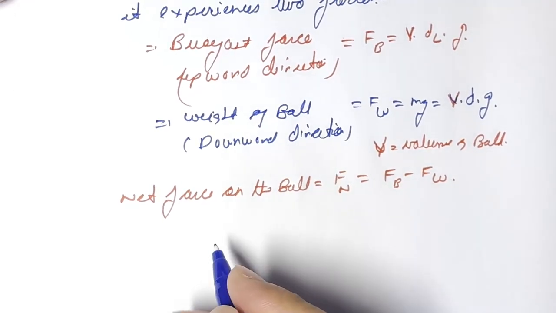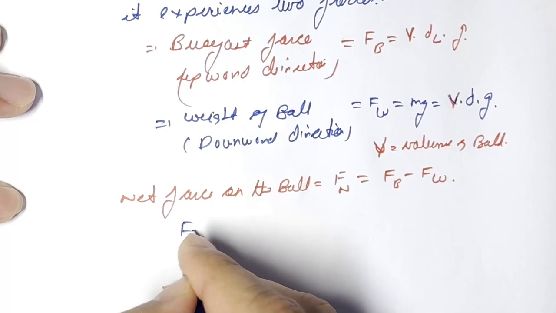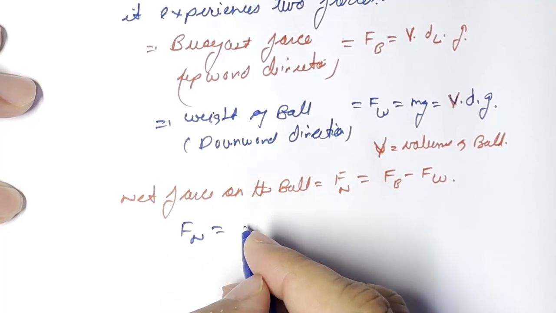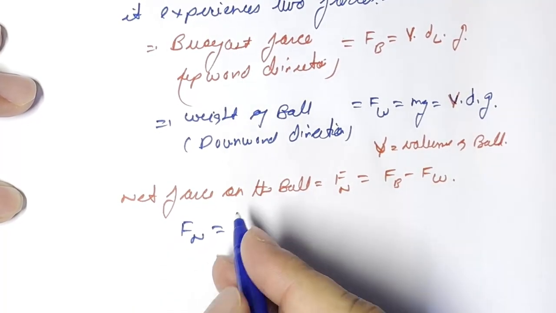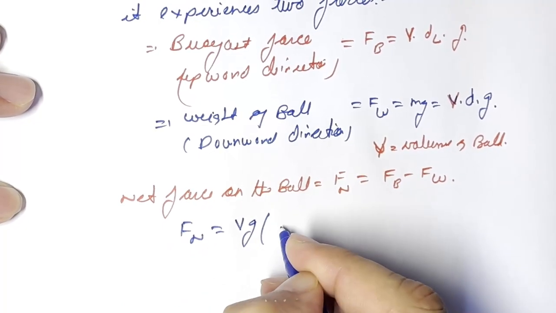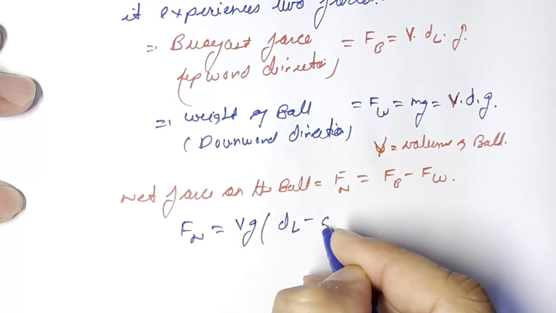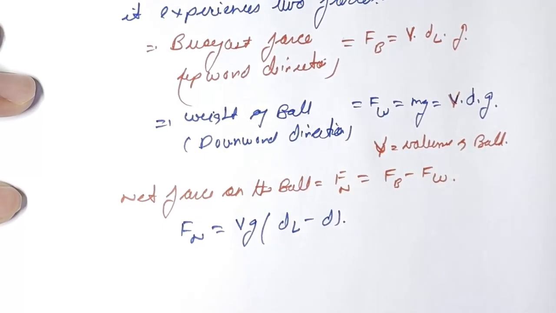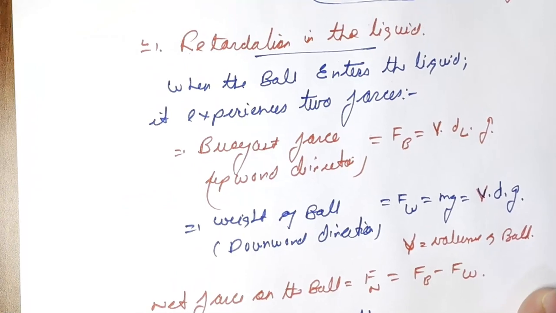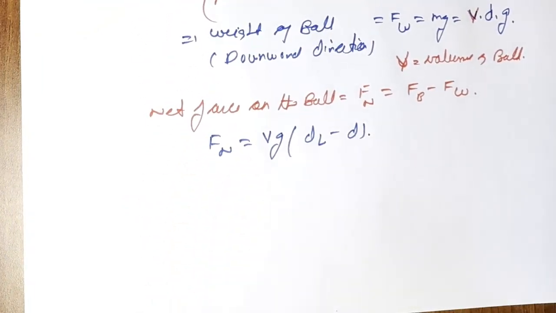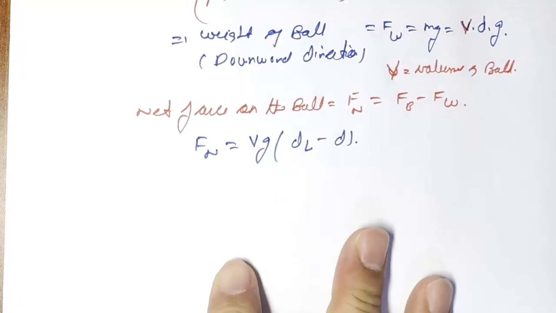Substituting, we take Vg as common, so F net is equal to V g times (density of the liquid minus density of the ball). This net force creates an acceleration, which will be retardation in this case.